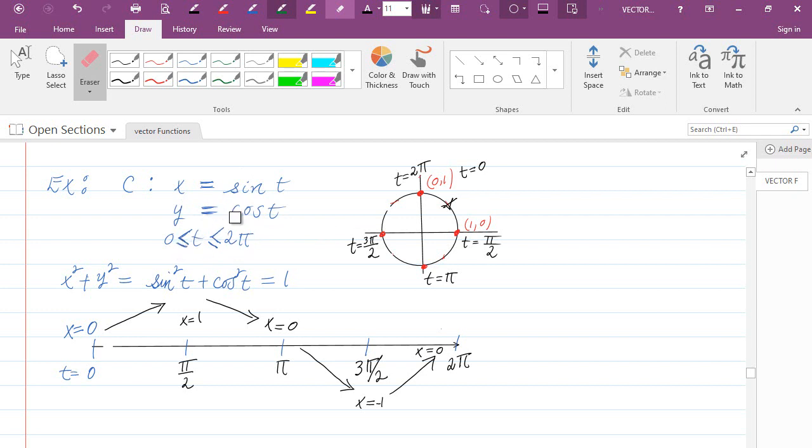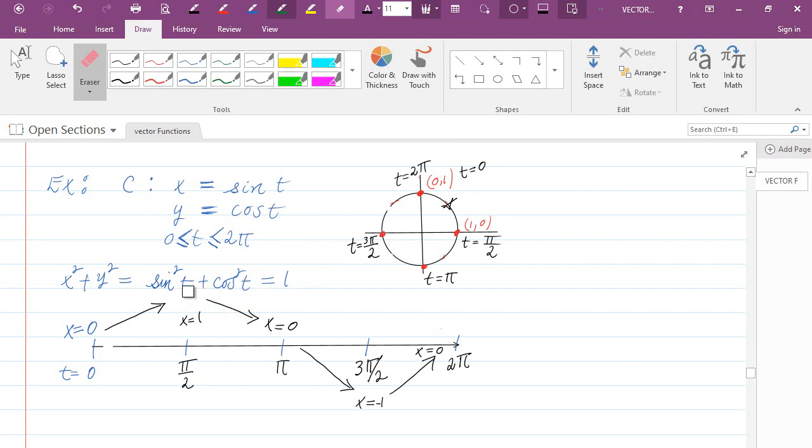So this would be a circle of radius 1 traced clockwise. But if I didn't know my previous discussion, another way of looking at it is that x squared plus y squared would be sine squared plus cosine squared, which is 1. So because x squared plus y squared is 1, then we know that this curve is part of the circle.